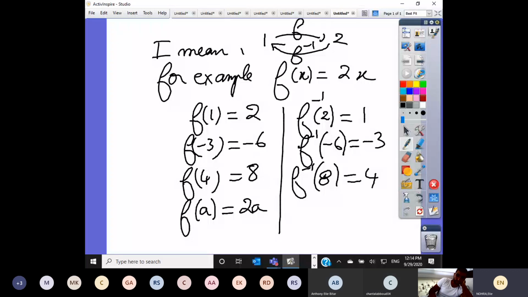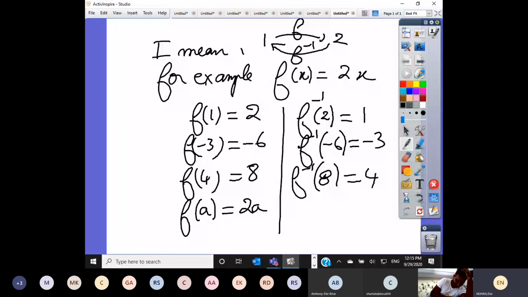If I look at the board, the f of x is a function that transformed 1 into 2, it transformed minus 3 into minus 6, it transformed 4 into 8, and it transforms every number into its double. My question is: is there a way to find a function that in reverse starts with the 2 and gives me 1, starts with the minus 6 and gives me minus 3, and so on?